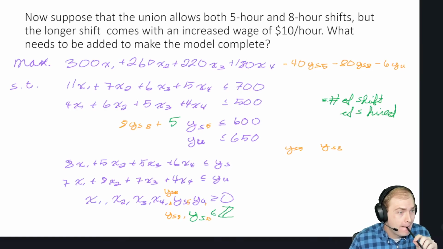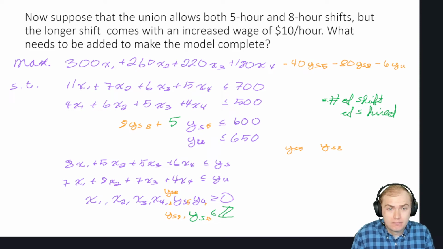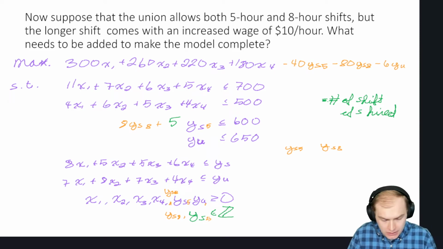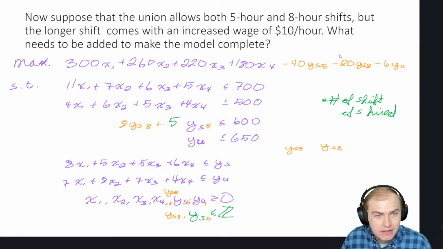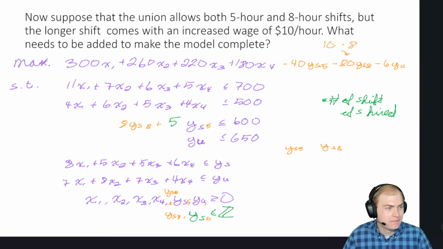It said wage of $10 an hour. What do you do with that 10? I didn't see a change. Sure, yes. So the wage would be $10 an hour times 8 hours is right here in that 80. Okay, all right, that makes sense.